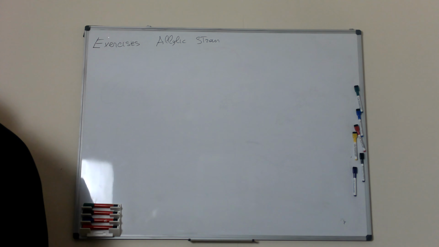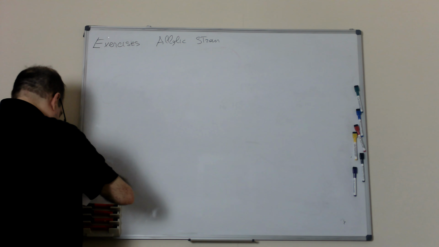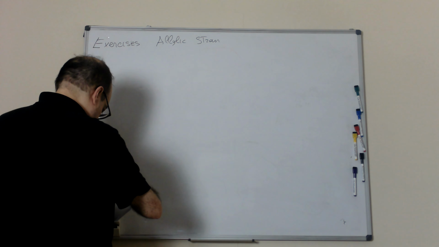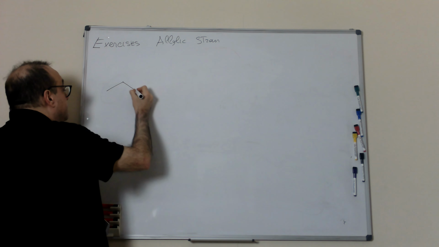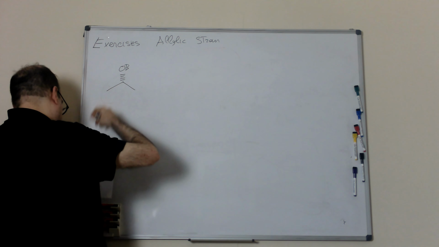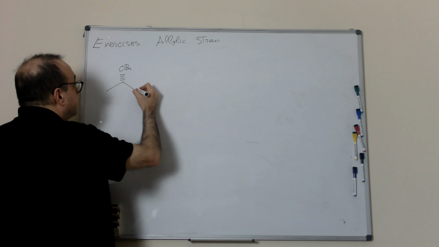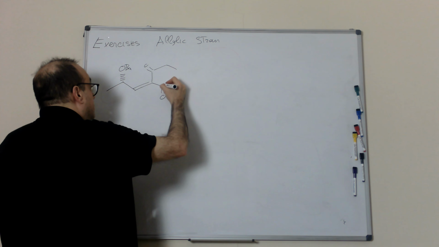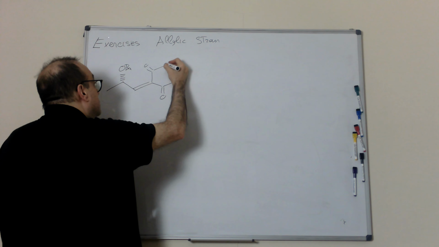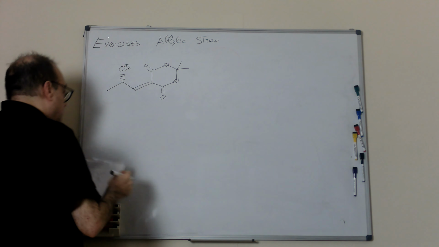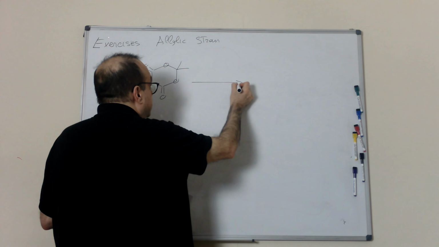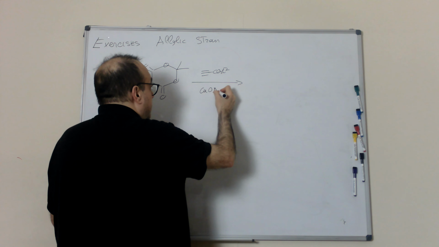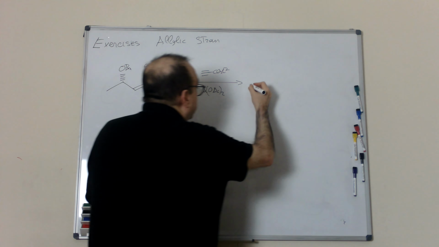In exercise number 2, they say that I have this compound, and what I am adding is a triple bond with copper acetate, and they say that I get this compound.